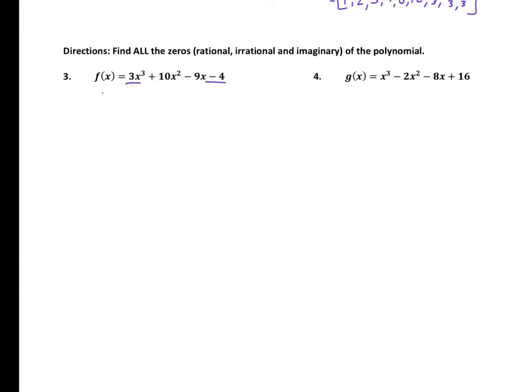So then that gives us plus or minus 1, plus or minus 2, plus or minus 4, plus or minus 1/3, plus or minus 2/3, and plus or minus 4/3. So those are all the possible zeros. Now we're going to do synthetic division. For these, I would recommend doing plus or minus 1 to try out, and then plus or minus 2.